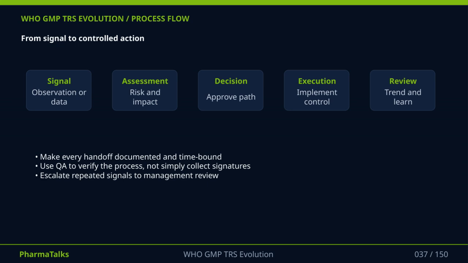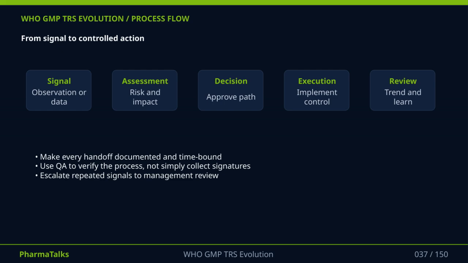Once approved, the execution phase begins, where controls are implemented to address the identified concern. Following implementation, a review process takes place to analyze trends and derive learnings from the actions taken. Key to this entire process is ensuring every handoff is well documented and time-bound, preventing gaps in communication.